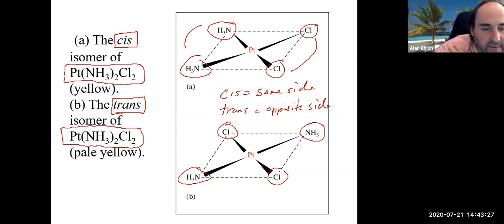The only difference is we would put either cis or trans before it. So typically they would write cis and then write the formula, or put trans in front of it.